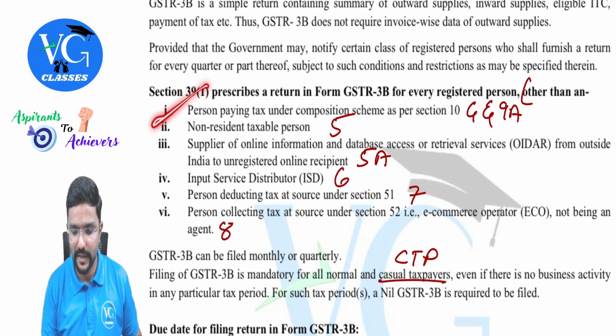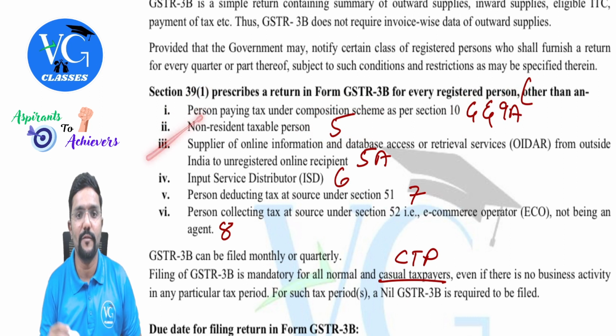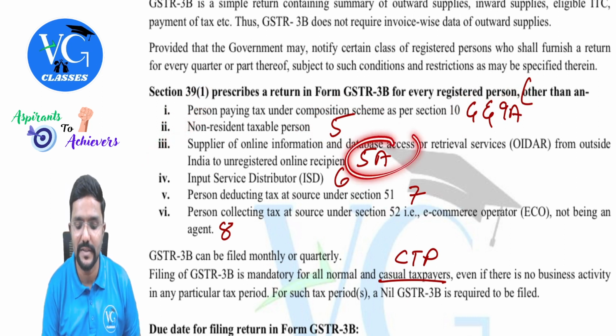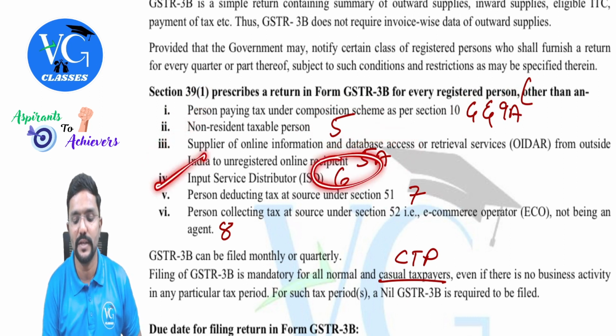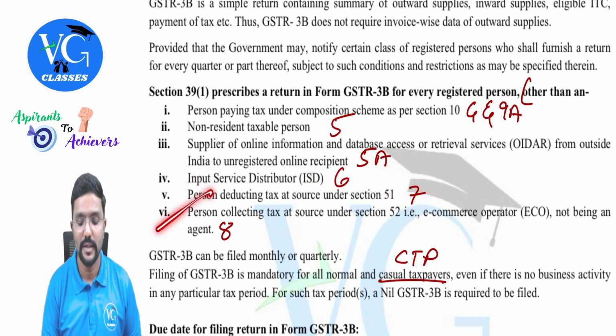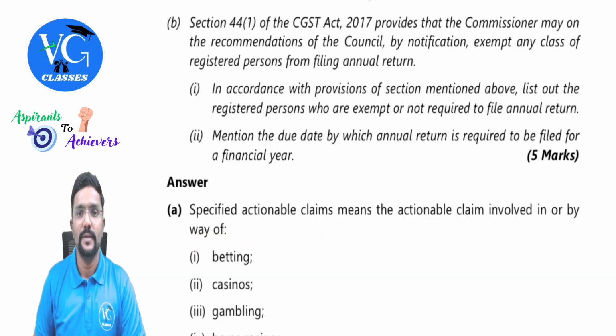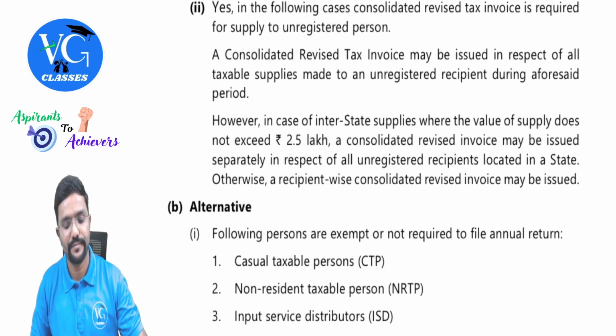For composition supplier, 4 and 9A; for NRTP, GSTR 5; for supplier of online information and database access or retrieval services, 5A; input service distributor, 6; person who is deducting TDS, GSTR 7; and the person who is collecting TCS, GSTR 8. But this is a statement. Fine. We will see the answer.